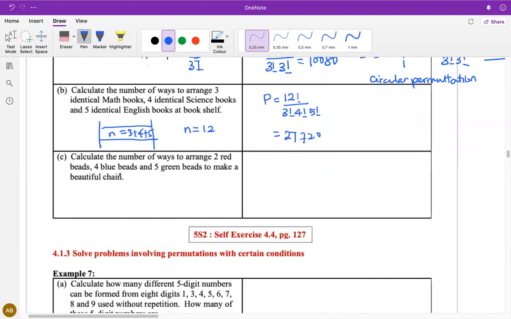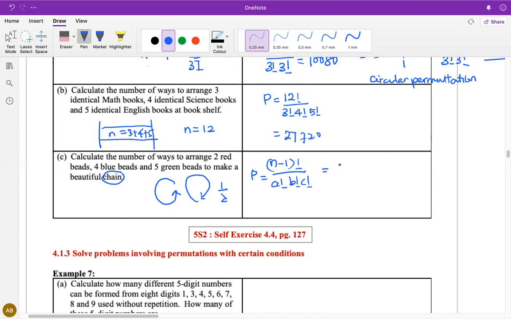Chain, remember? Chain, anti-clockwise and clockwise is the same. That means you have to times 1 over 2. So we use the formula n minus 1 factorial over a factorial and b factorial and c factorial.